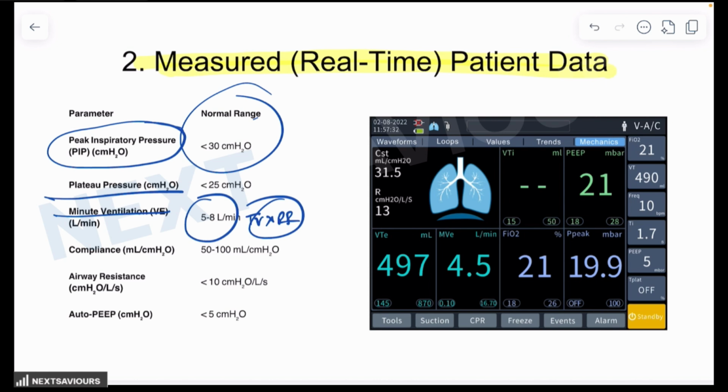The compliance of the lung is the flexibility of the lung, which is measured by the tidal volume divided by the plateau pressure. The normal range is 50 to 100 milliliters per centimeter of water. Now, what is the importance of the plateau pressure and the compliance of the lung?